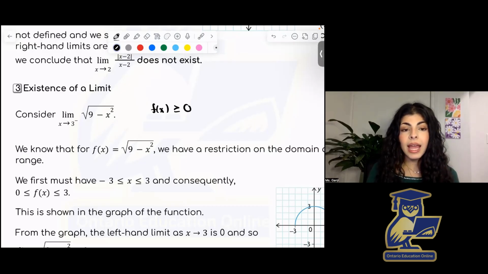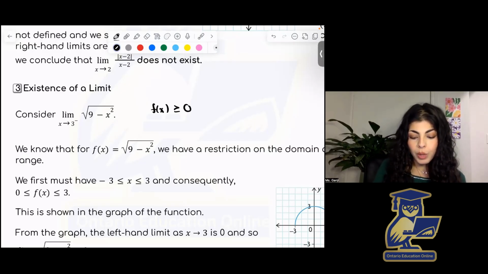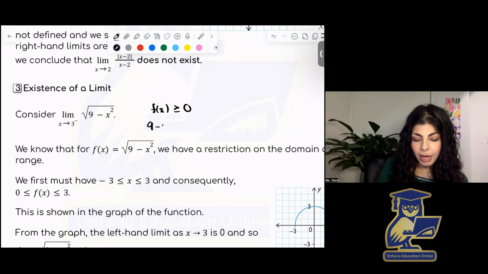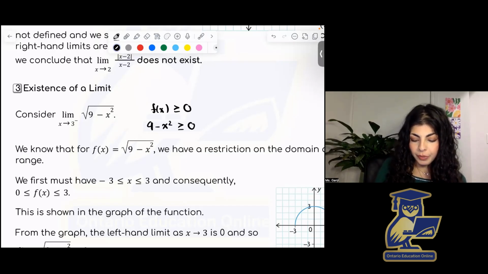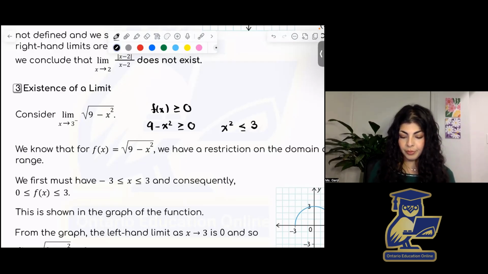And for this to be true, we also require that 9 minus x squared is also greater than or equal to 0. And this is just the same as saying x squared has to be greater than or equal to 3.